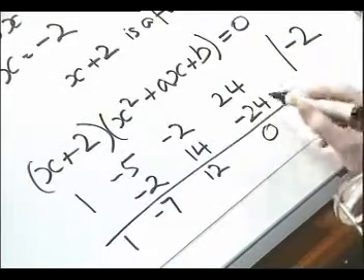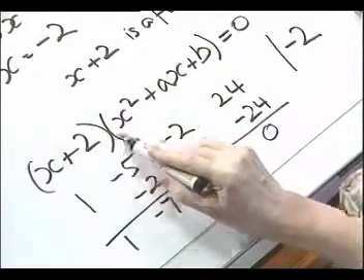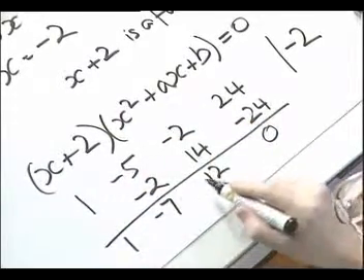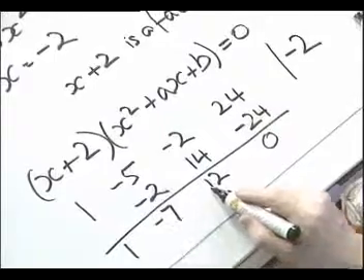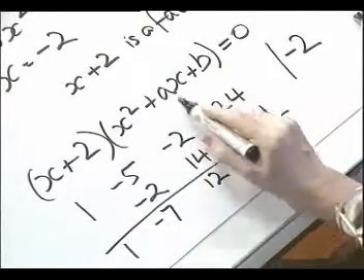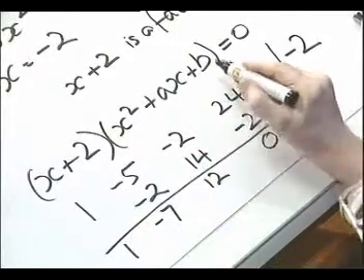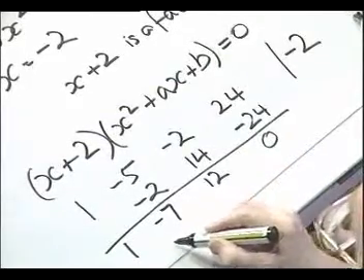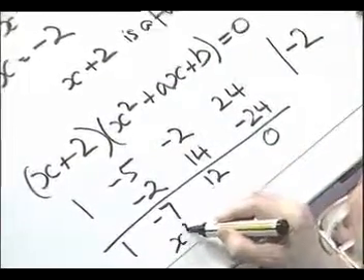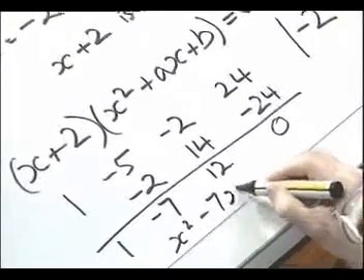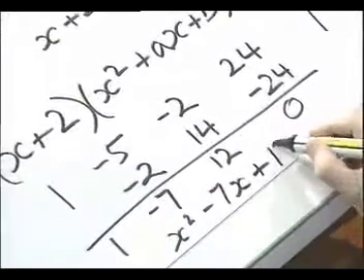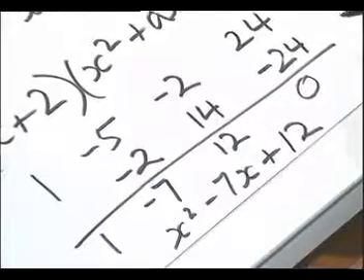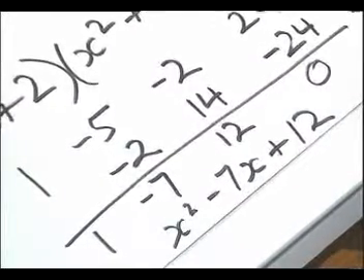The 0 tells us that x plus 2 is indeed a factor, and the numbers we have here give us the coefficients of the quadratic. A is equal to minus 7 and b is equal to 12. So the quadratic that we're looking for is x squared minus 7x plus 12. And synthetic division is explained fully in the accompanying notes.